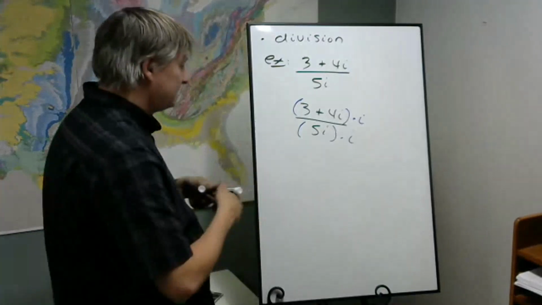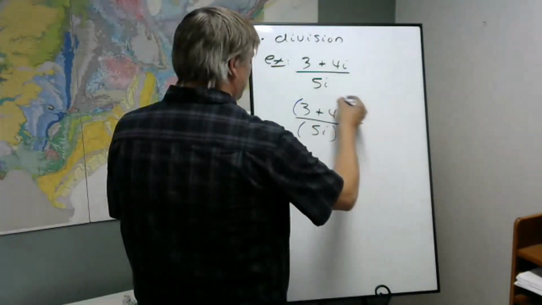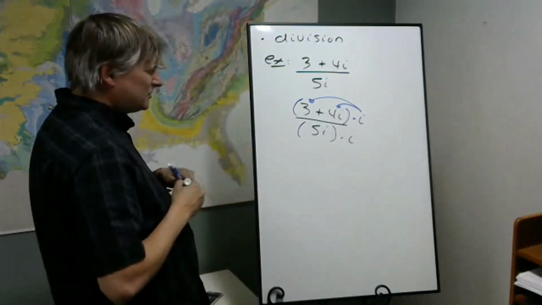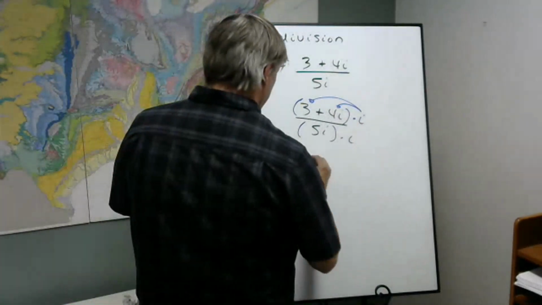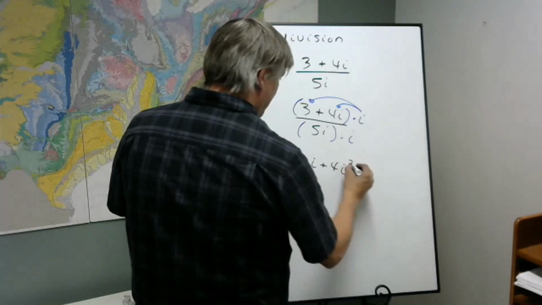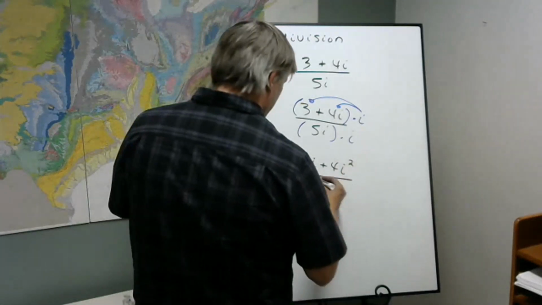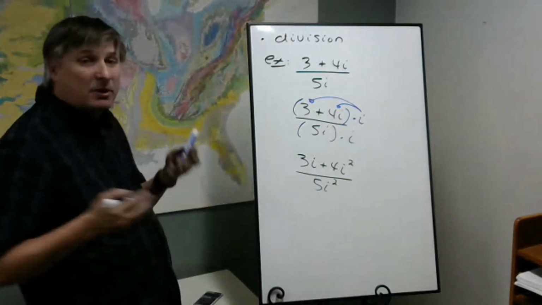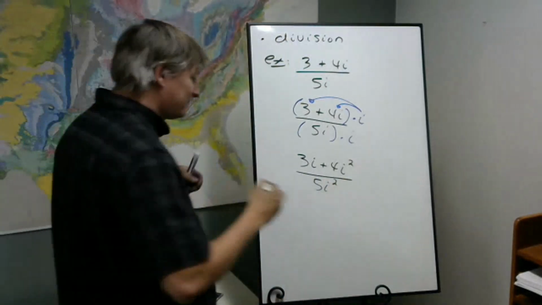So if we do this, we distribute the i. So we'll get 3i plus 4i squared, and then 5i squared. Now remember, i squared is -1.